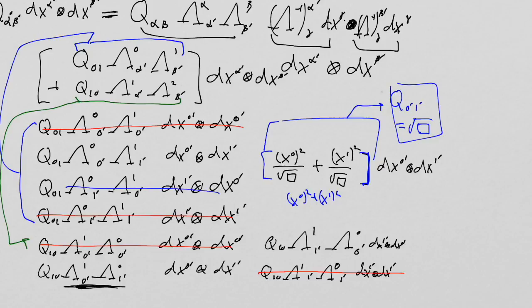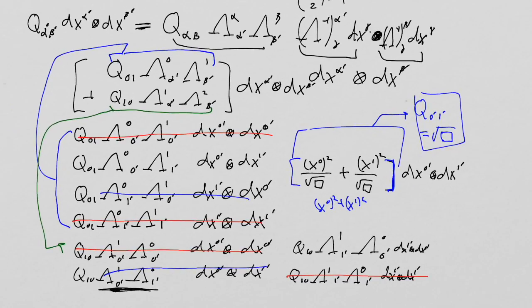We've done that one. And then the other one, right, is 0, 0 prime, 1, 1 prime. Wait a minute. I think I crossed the wrong box. Undo. See, I got to cross off this one and this one, right?